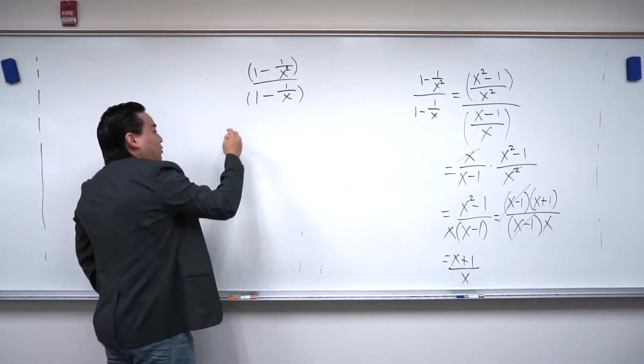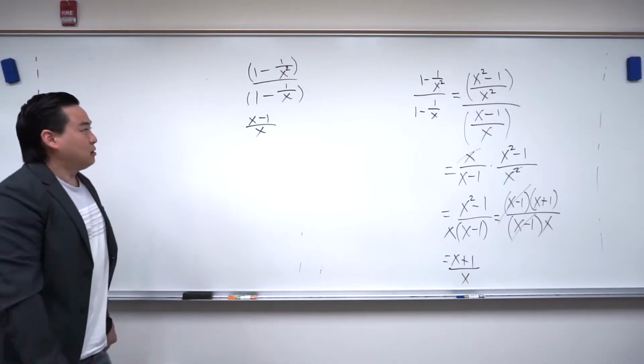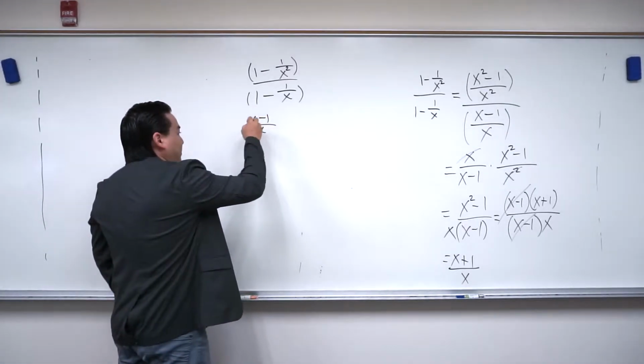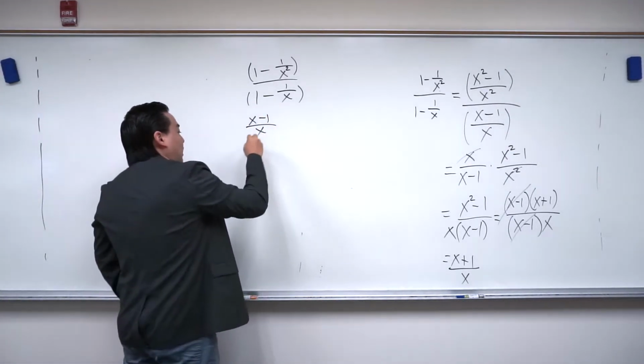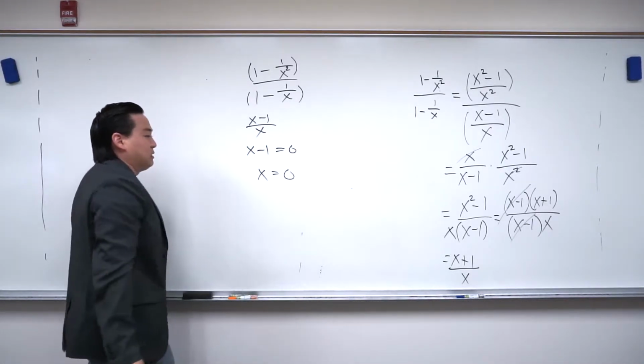So here we had x minus 1 over x. So we cannot have this part equaling 0. So x minus 1 or x is 0.